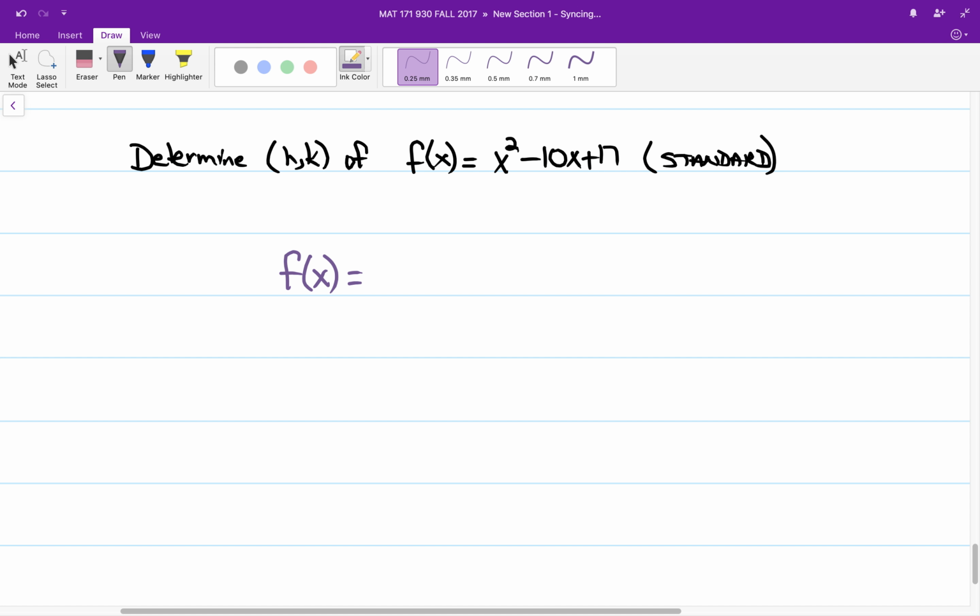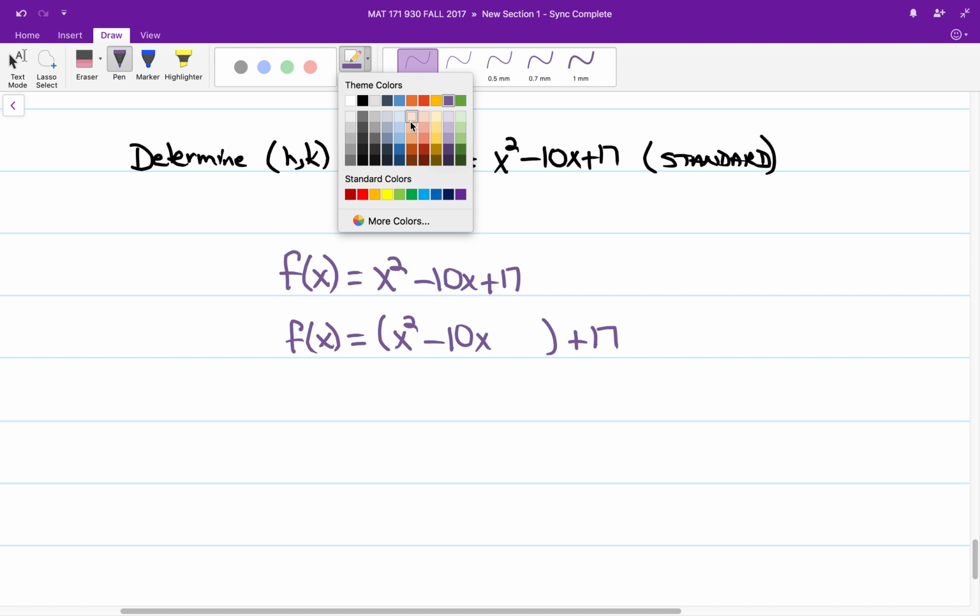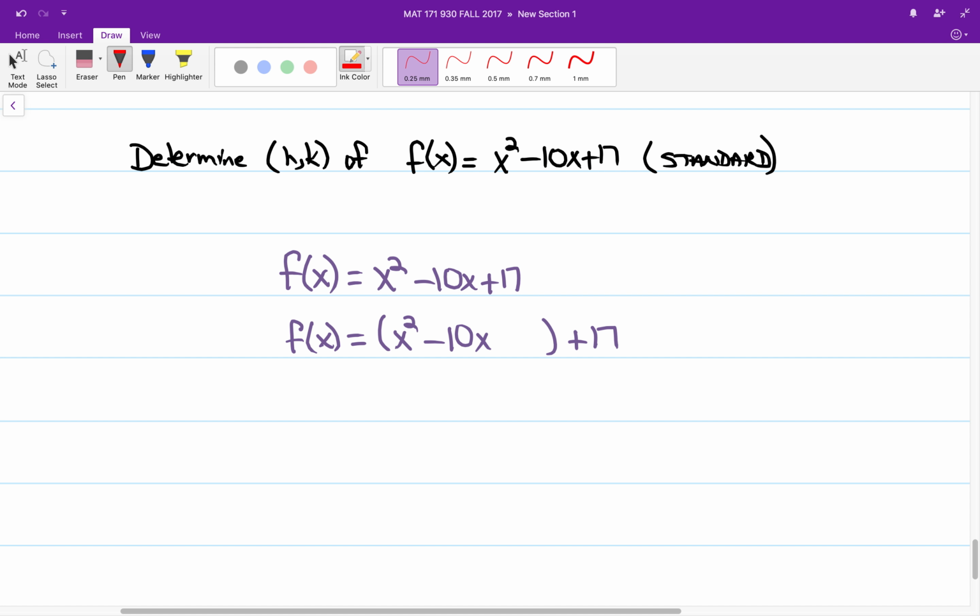So we have f of x is equal to x squared minus 10x plus 17. In creating the pathway to the vertex form, we separate the variable terms from the constants, so you have x squared minus 10x in parentheses, then plus 17 at the end.